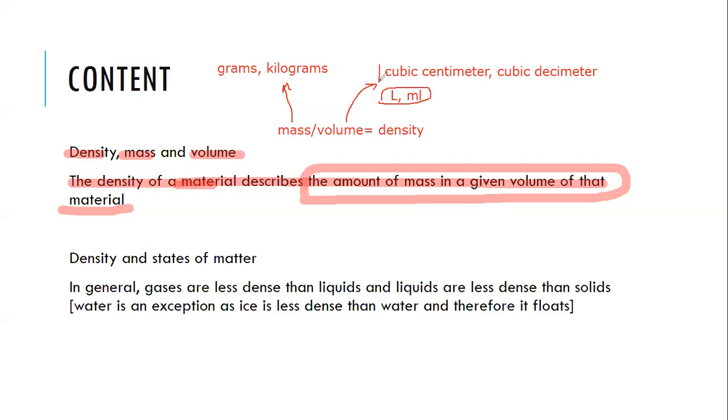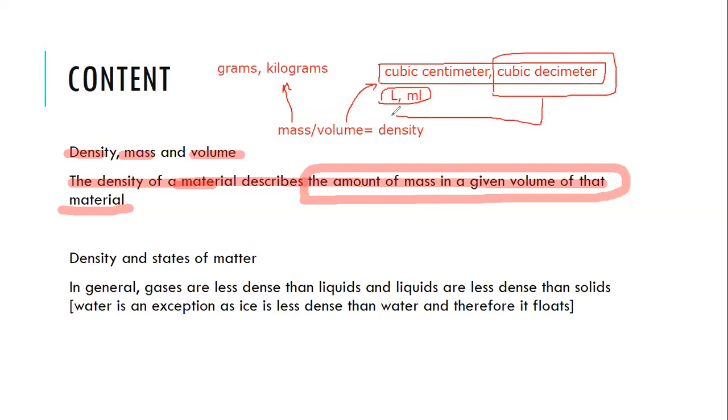We also talked about the relationship between the cubic centimeter and the cubic decimeter. 1 cubic decimeter is equal to 1000 cubic centimeters. And a cubic decimeter is a volume equal to a liter. 1 liter is equal to 1 cubic decimeter. They are equal to each other. So I can also say that 1 milliliter is equal to 1 cubic centimeter.